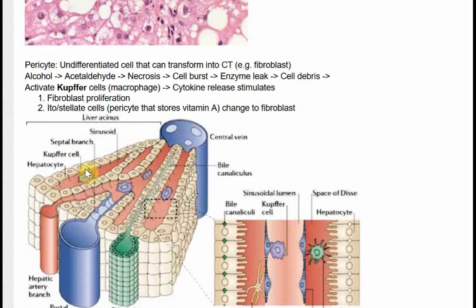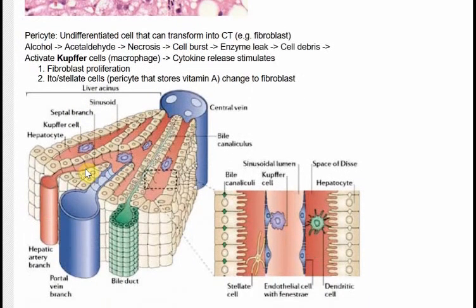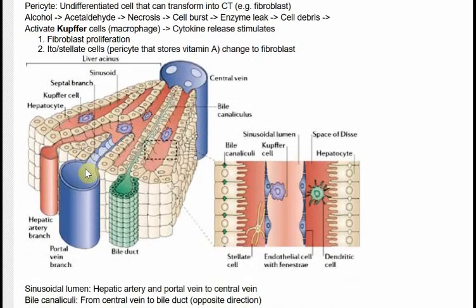It's important to touch on the anatomy as well. So what happens is the liver is composed of many units such as this. You've got hepatic artery, supplies oxygenated blood, portal vein, so the nutrients, deoxygenated blood, and the bile duct.